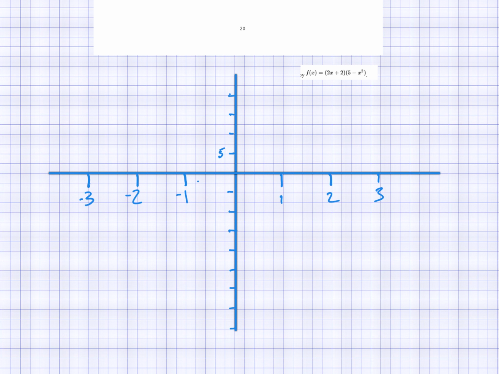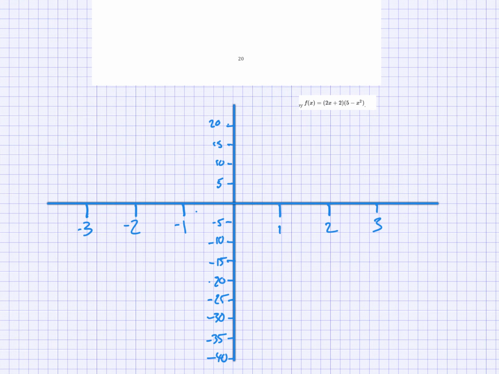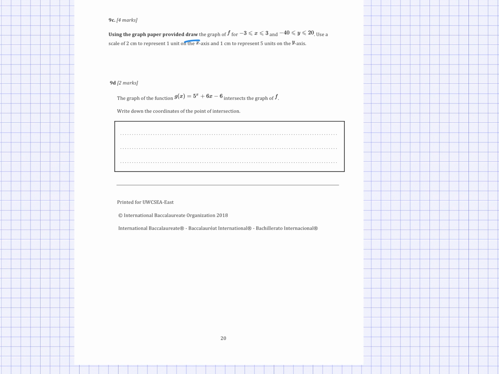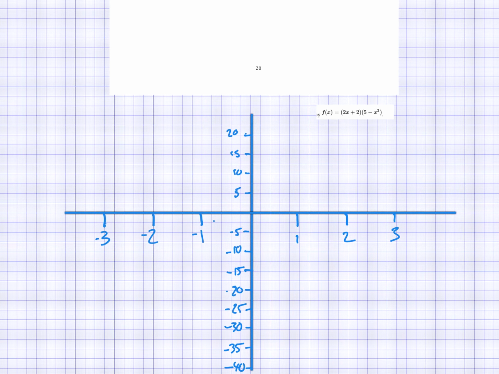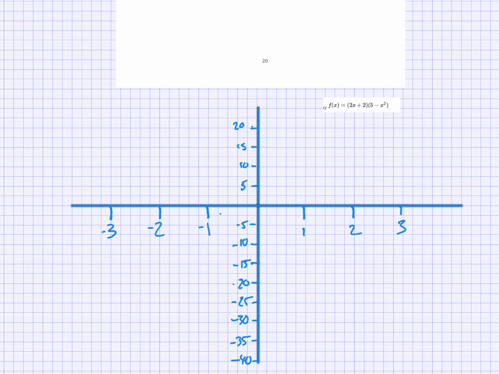To go 5, 10, 15, 20, minus 5, minus 10, and just making sure that I comply with what's being asked of me, which if we refer back to the question is that our x's are going from minus 3 to 3, and our y's from minus 40 up to 20. So now I've got that on my axes, I can now think about drawing it and looking at what this looks like on my GDC.